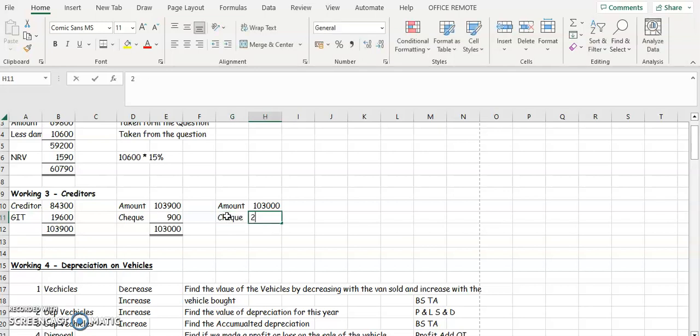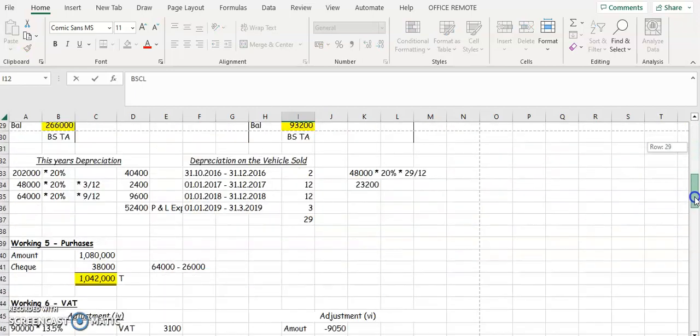So the check of 2,500. Because that check bounced or wasn't paid, our creditors are going to go up. So our creditors now 105,500. That's going to go into your balance sheet as a current liability.